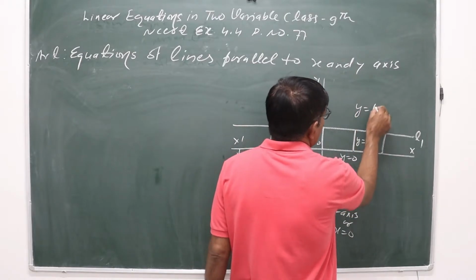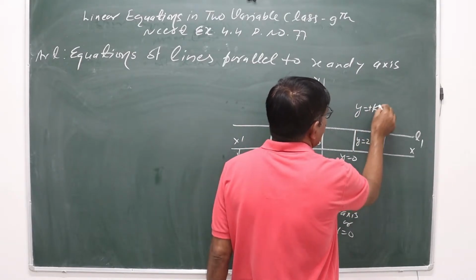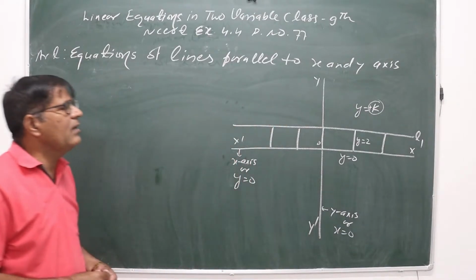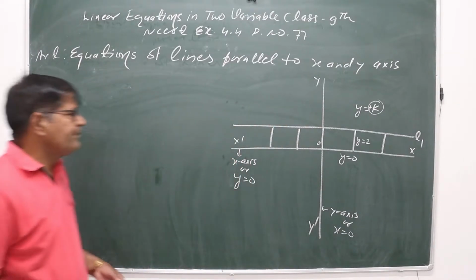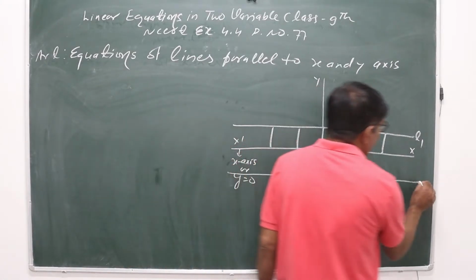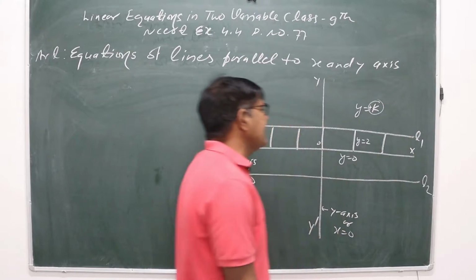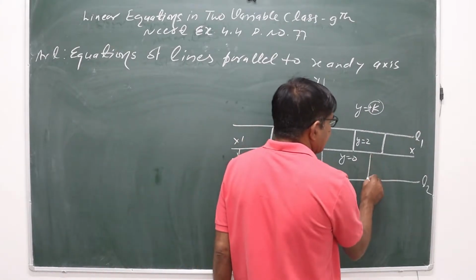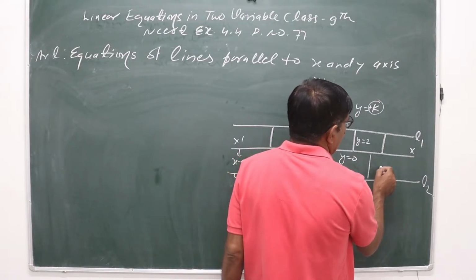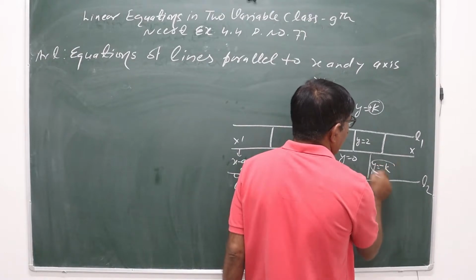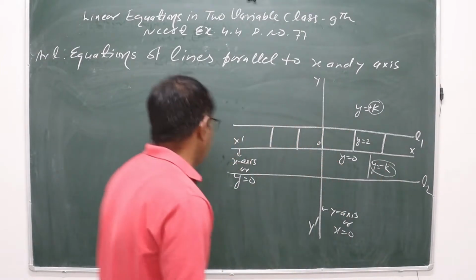y equals any positive constant, and this positive constant represents the distance of the line from the x-axis. Similarly, if there is a line L2 parallel to the x-axis but below the origin, and this distance is, let us suppose, minus k, then its equation will be y equals minus k.